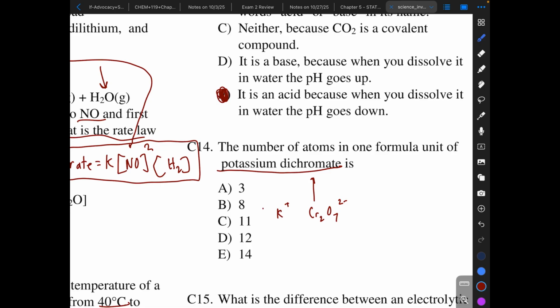Dichromate has a negative 2 charge, and we want the charge to balance out, so we should have 2 potassium for every 1 dichromate. So the formula should look something like this: K2Cr2O7. Add the numbers up, you're going to get 11. So answer number 14 is C.